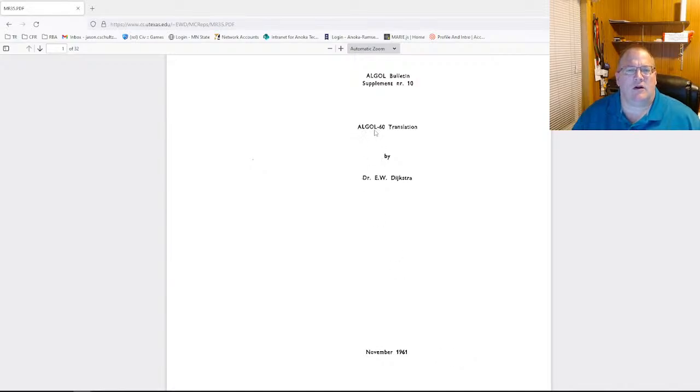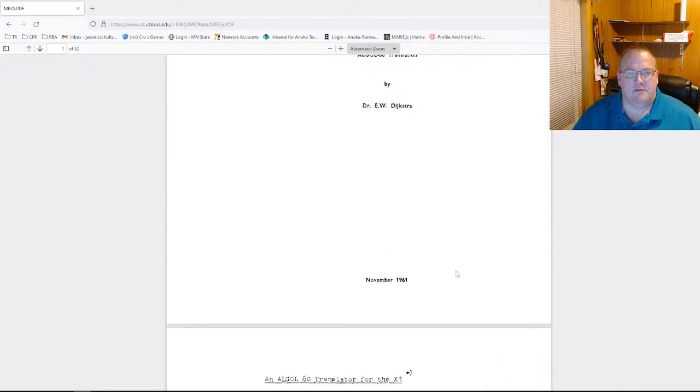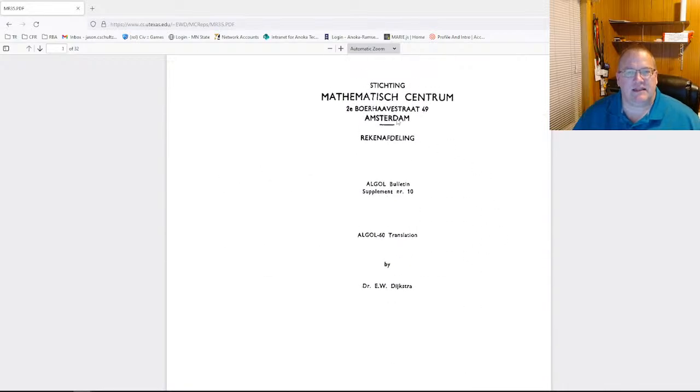By the way, ALGOL is a computer programming language. It would be similar to C, and C is a very early predecessor of Java, if you're curious. So the title here is written, I believe, in Dutch.